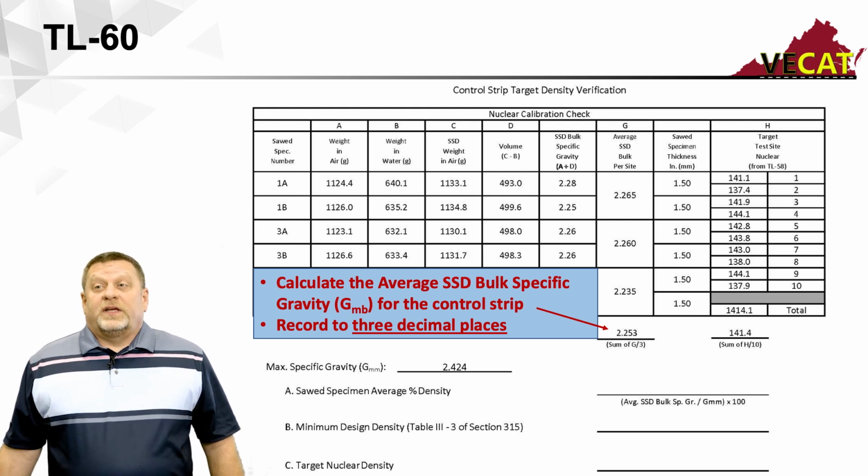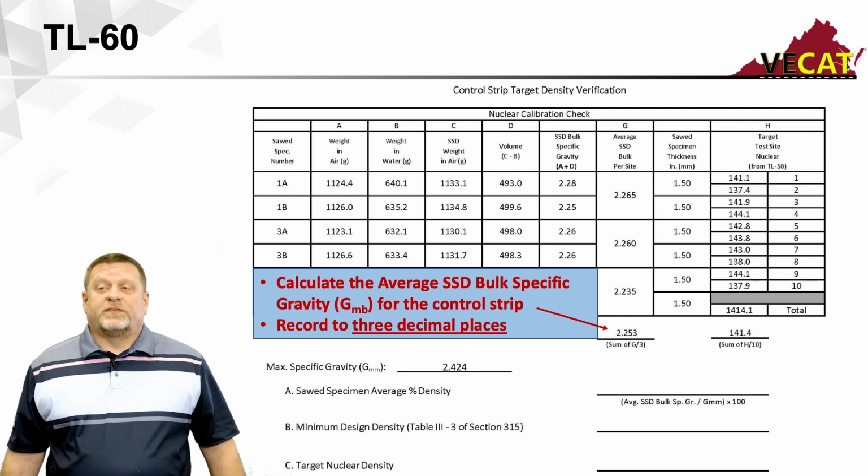We've averaged those out by adding the 3 together and dividing by 3. That gives me a bulk specific gravity for this control strip of 2.253.